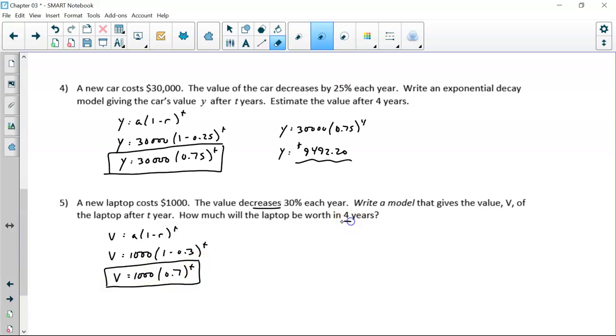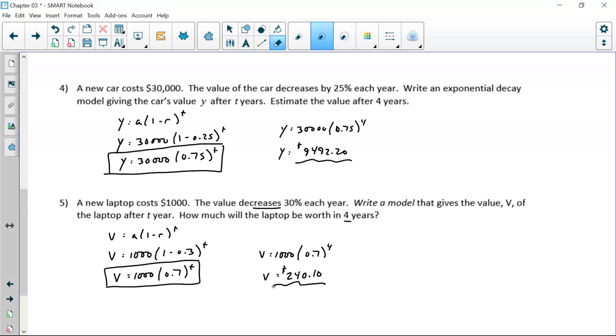So when we're looking at 4 years, 1,000 times 0.7 to the fourth. So that laptop would be worth about $240.10 in 4 years. So this is exponential decay.